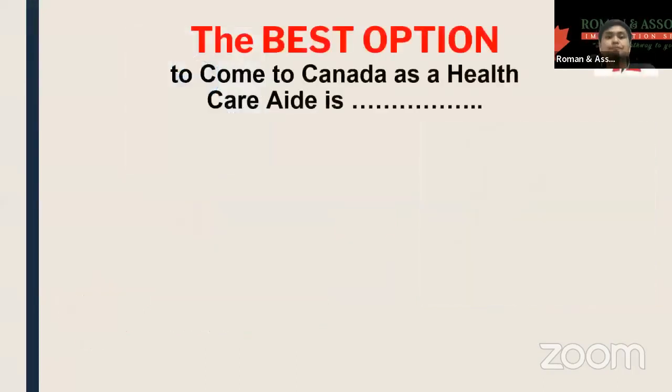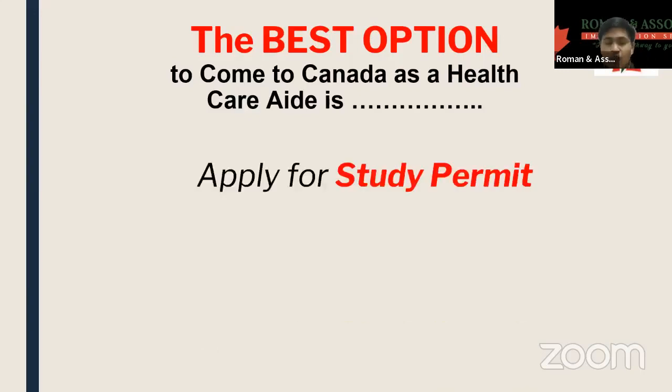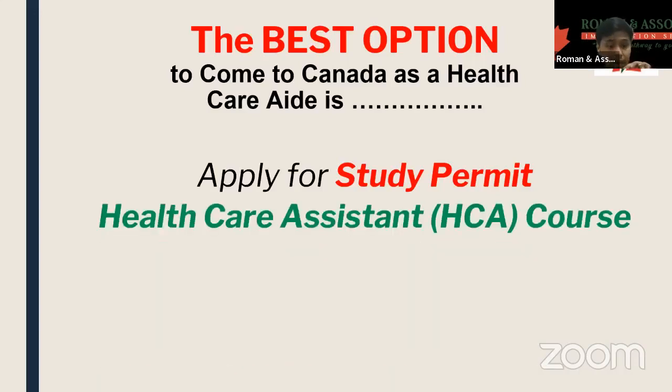The best option to come to Canada as a healthcare aide is to apply for a study permit po. After applying for a study permit, in our partner school, Stenberg College, you will take the Healthcare Assistant course or program.